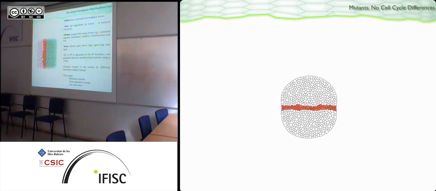What about the Hertwig rule that I was talking about before? What we do is, okay, now this cell has to divide. How can I implement the Hertwig rule here? What I do is take a description of this cell as a collection of rods, all these edges.